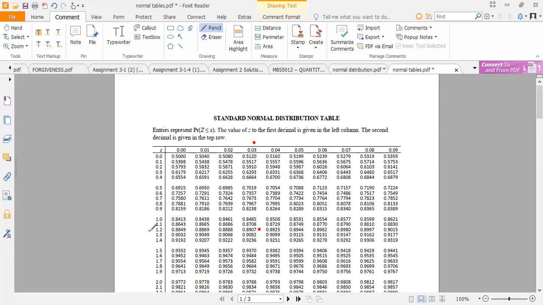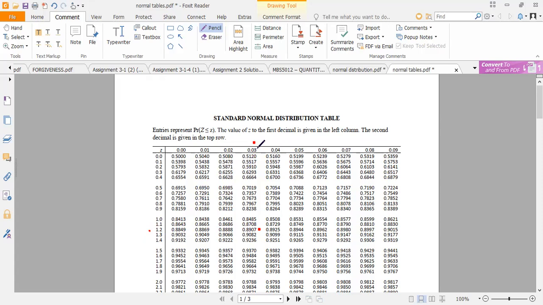So from Z, what we are finding inside here is called the probability. So the probability of 1.23 is 0.8907. But if I were to ask you what is the Z for this probability of 0.8907, you would tell me that it is 1.23. You simply add 1.2 and 0.03, it becomes 1.23.